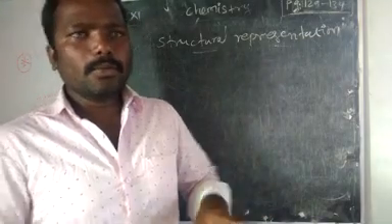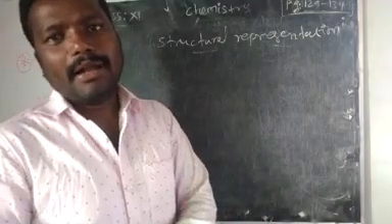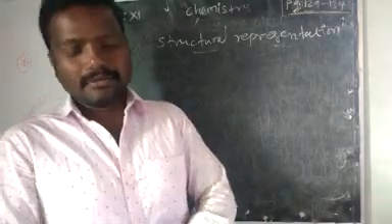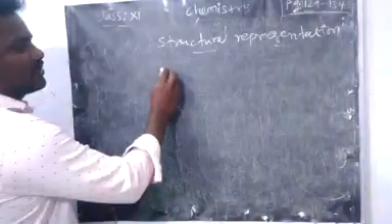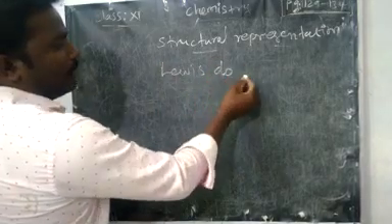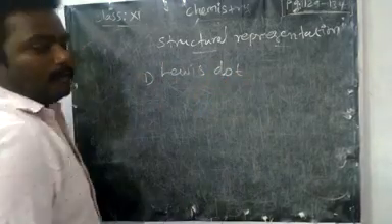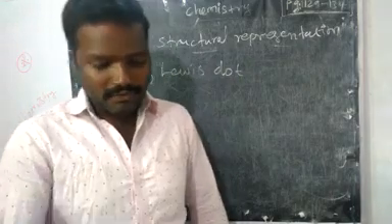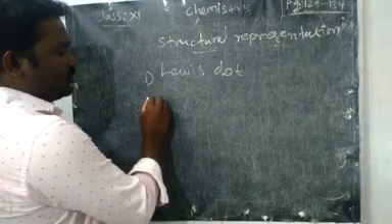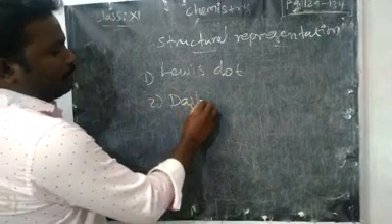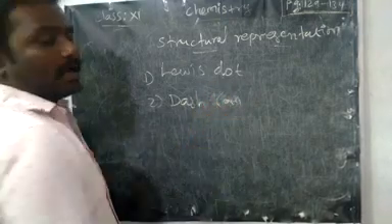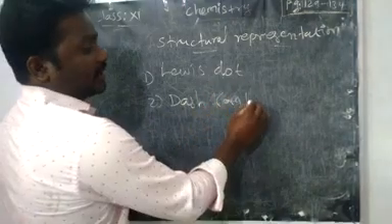So overall structure of an organic compound we can write with four types of arrangement. The first one is Lewis dot structure. Lewis dot structure we already know. Lewis dot structure, or we can simply say dot structure, right? The second one, dash structure, or this is also called line bond structure.